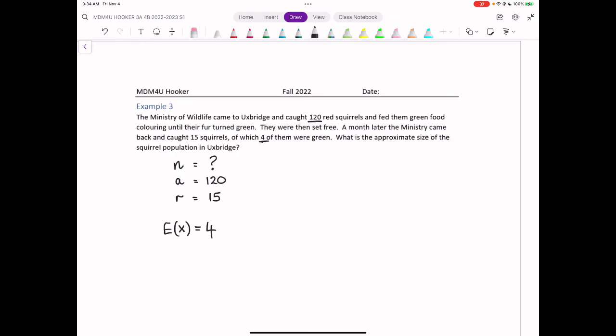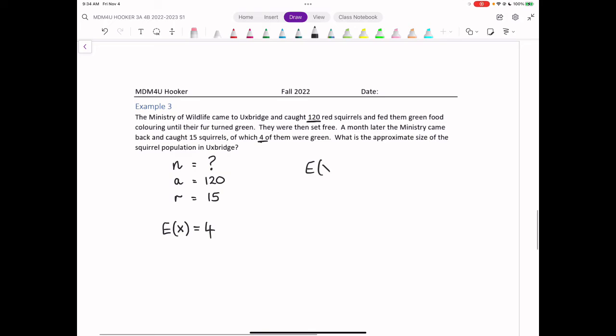So let's work backwards. We know that the expected value is going to be R times A divided by N. So therefore, we can confidently state that 4 equals R, which is 15, times A, which is 120, divided by N, which we don't know. And now it's just a simple case of solving for N. So we can cross multiply.